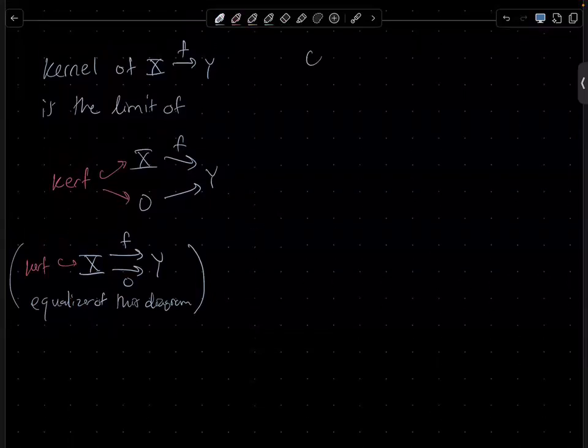And then there's also co-kernel. There's a co in front, so you should imagine now it's this dual thing.